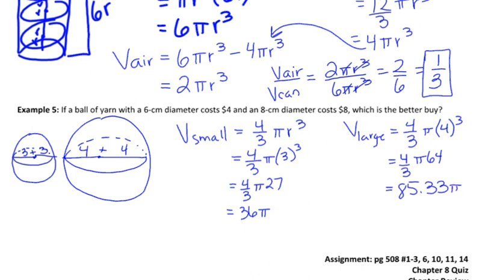Now we need to figure out which one's a better buy, so in terms of money. So $4 for a volume of 36 pi or $8 for a volume of 85.33 pi. Again, we want to divide those. So $4 for 36 pi.